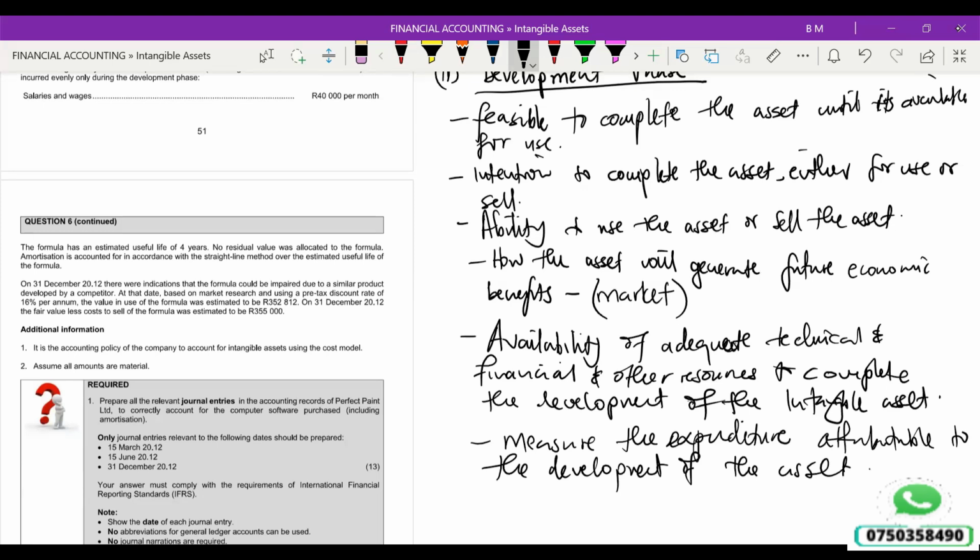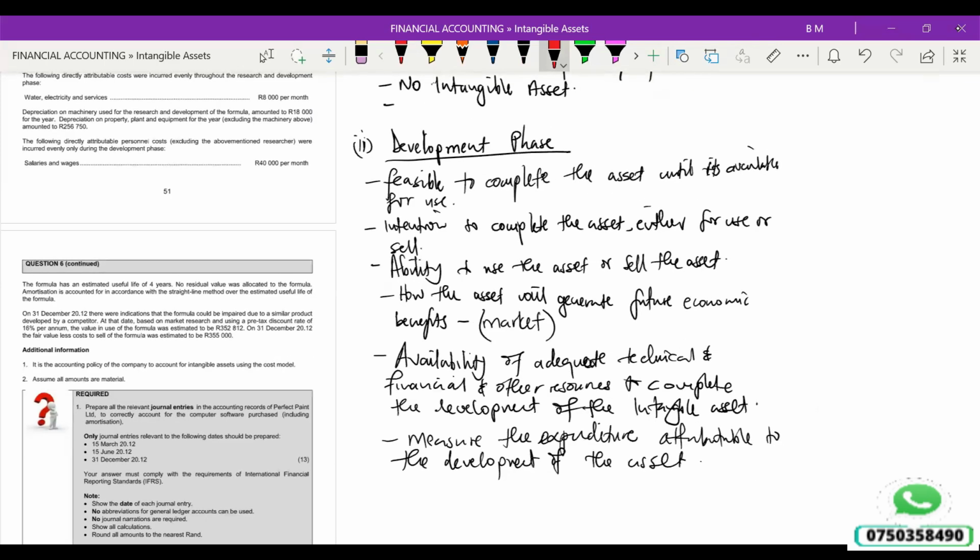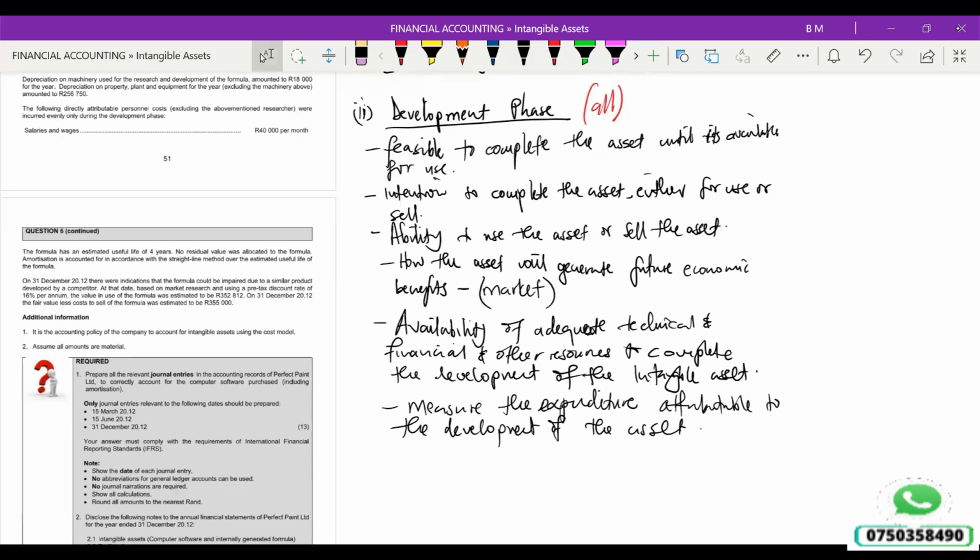So basically, an intangible asset arising from development shall be recognized if and only if it can demonstrate, please take note, that all of the below, not half, all of the below. In other words, for us to capitalize development cost, we need to meet all of the below.